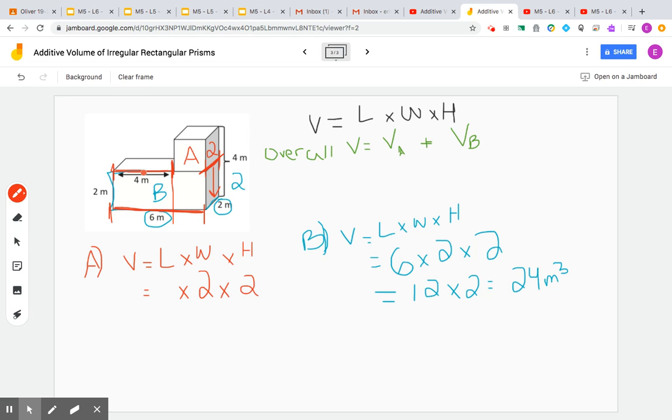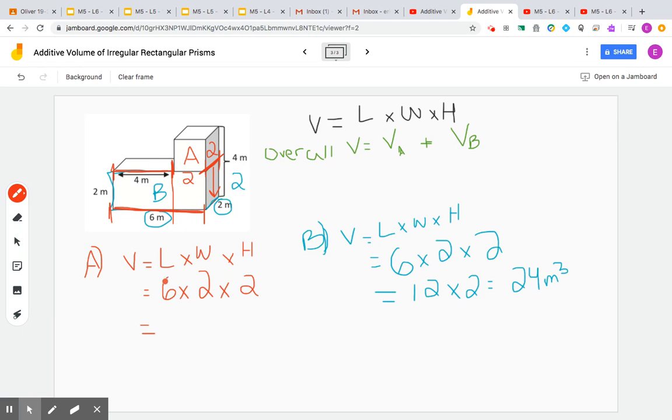And if this section is 4, 4 plus what gets me 6? 2. In order for these sides to match, this little section has to be 2 meters. So 6 meters, 6 meters.